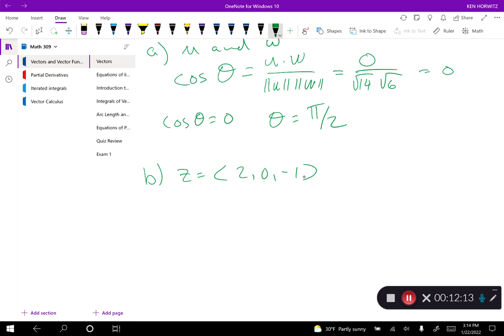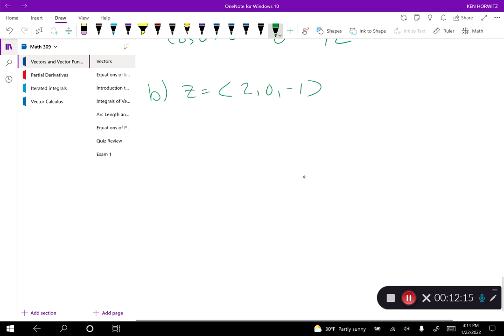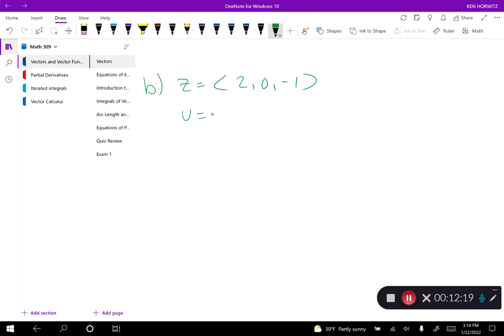And I'm just going to put on the screen again vector v, which equals negative 4, comma 0, comma 2. What I'm looking for is the angle between v and vector z.